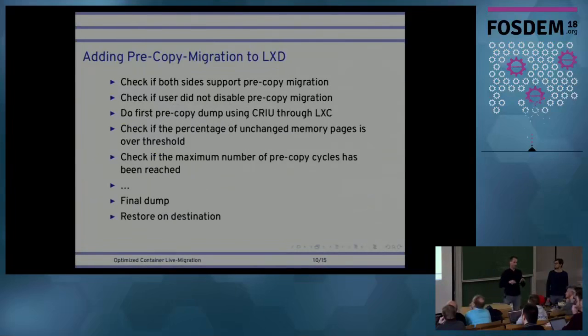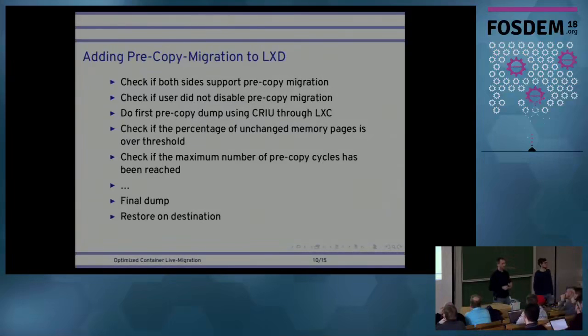So when this was done, we started to look at LXD and what we are currently doing to pre-copy migrate a container from one system to another. The first step is we check, like I just described, if the underlying systems, both sides, support pre-copy migration.